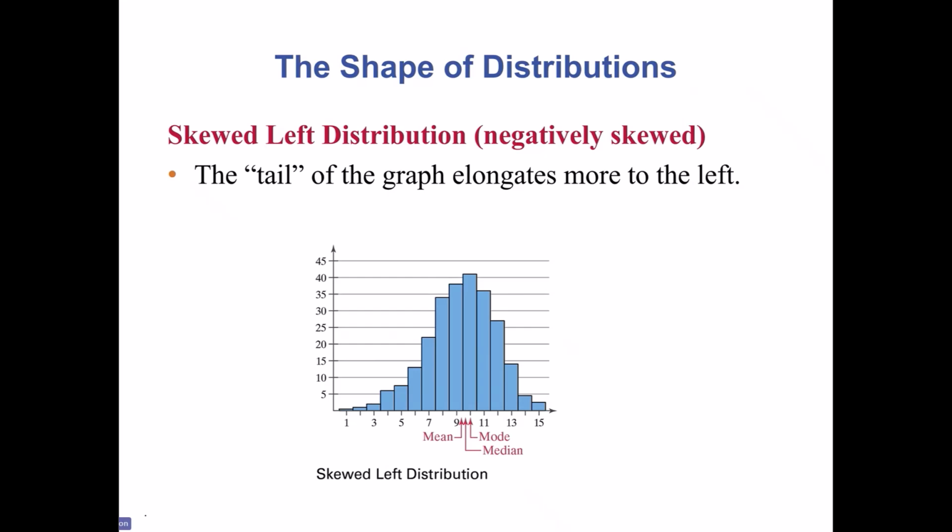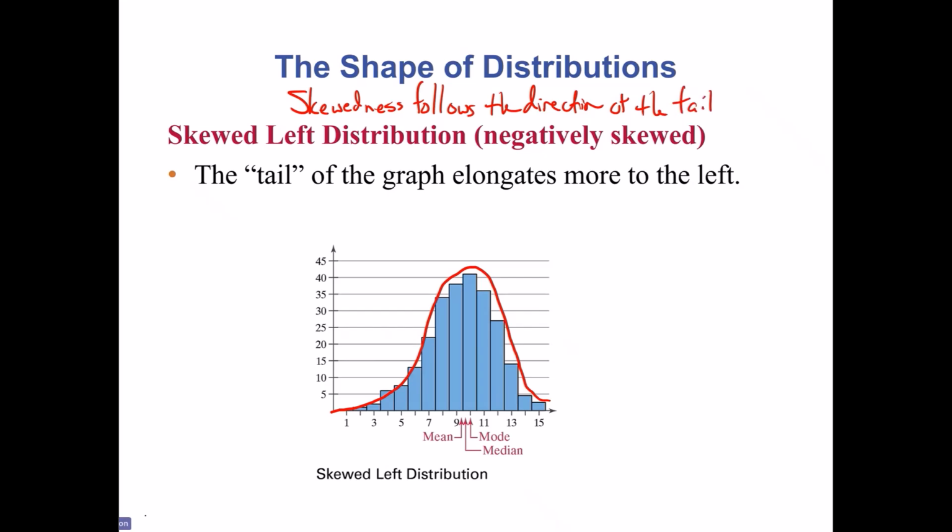Most of your data values are over here, but it's being pulled this way by your tail or your outliers. Now, in this case, we wouldn't really call this an outlier, but we would say it has that elongated tail. If I trace around this to give you the rough shape, everything trails off to the left-hand side, away from the bulk of the data. So the skewness follows the direction of the tail.